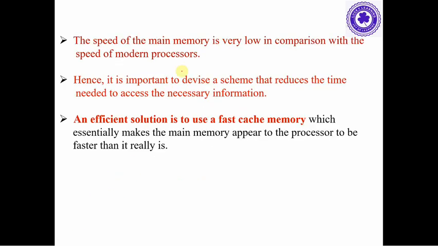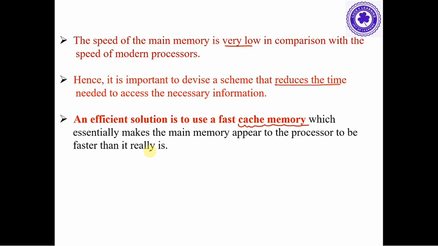Here, the speed of main memory is very low in comparison with the speed of modern processors. Hence, it is important to devise a scheme that reduces the time needed to access the necessary information. The efficient solution is to use cache memory, which essentially makes the main memory appear to the processor to be faster than it really is.